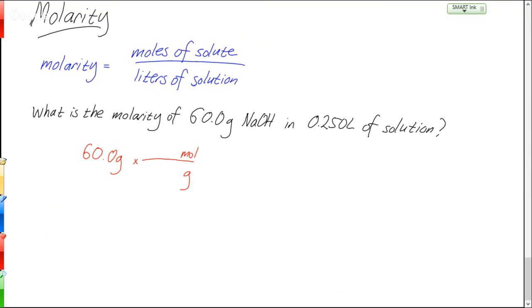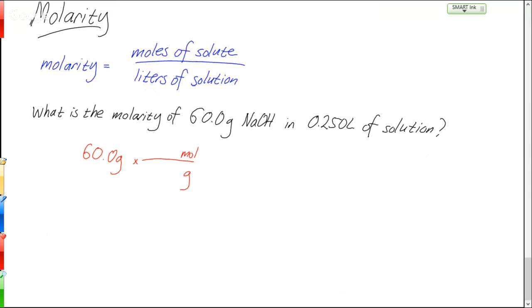So what kind of a number gives us the relationship between grams and moles? For a given compound, how do we know how many grams are in a mole? Yeah, the molar mass, right? So we know we need the molar mass of sodium hydroxide to be able to do this.